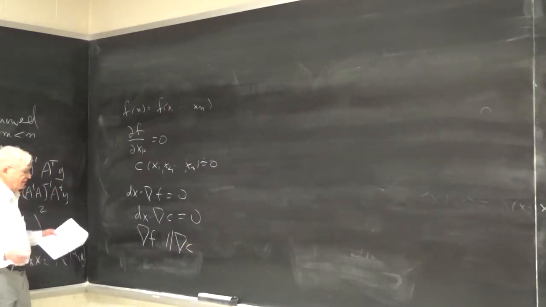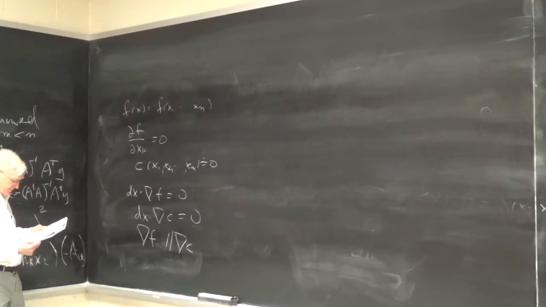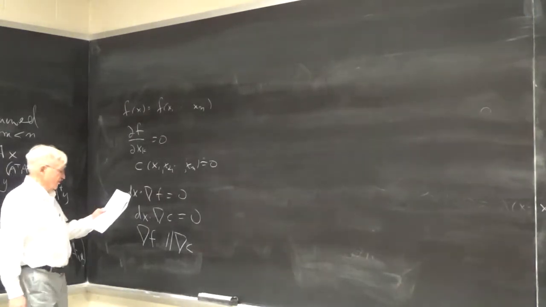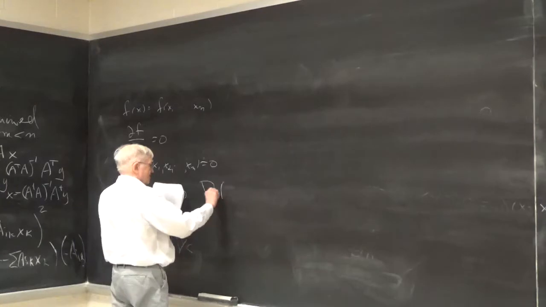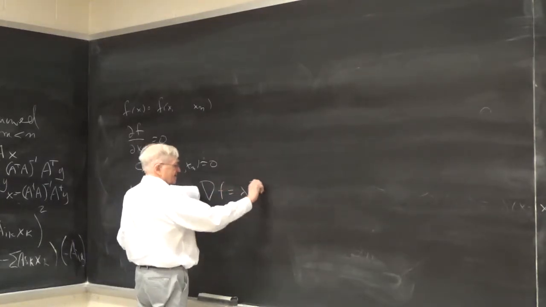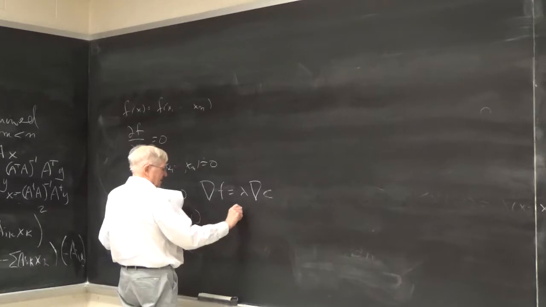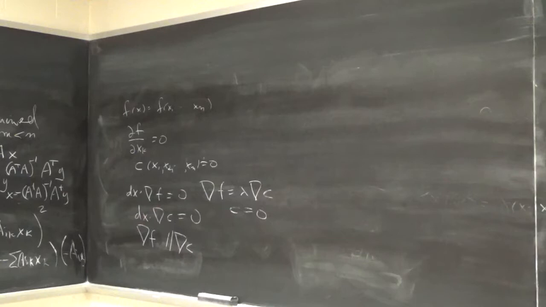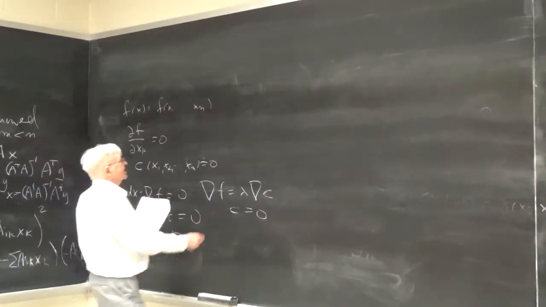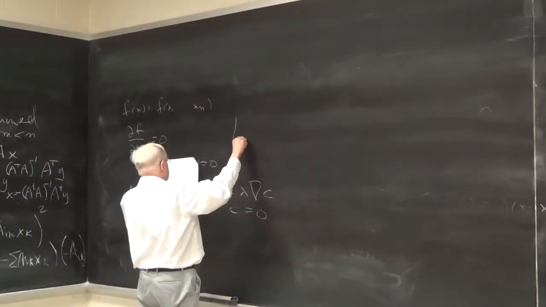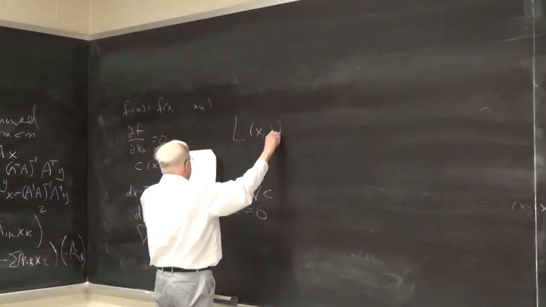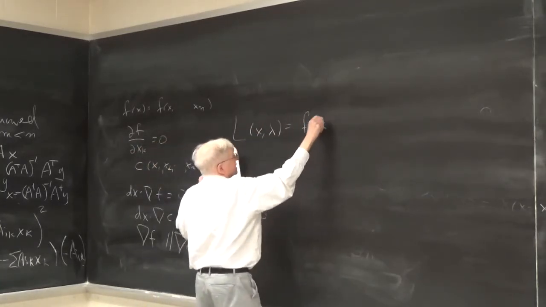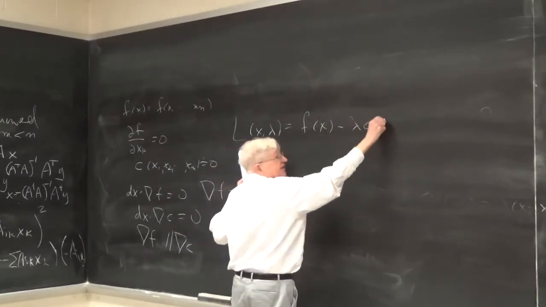And so the formulas we want then are gradient of f is lambda times gradient of c, and we're also satisfying the constraint. And what we do then is we define a new function, L of x and lambda, as f of x minus lambda c of x.